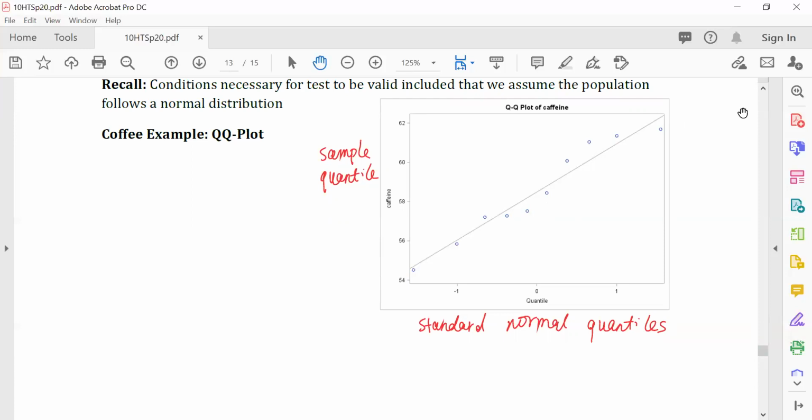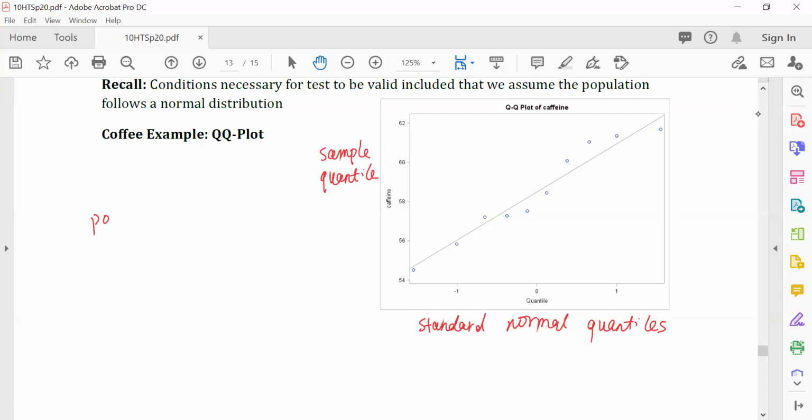So the normal assumption for the mean caffeine is reasonable, and the previous procedures we have done for the hypothesis test are valid.